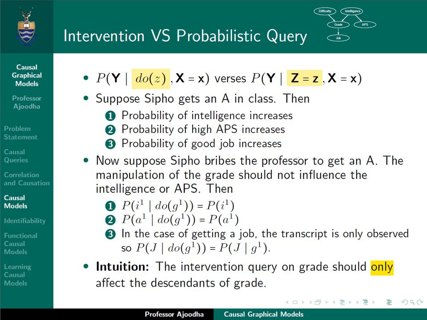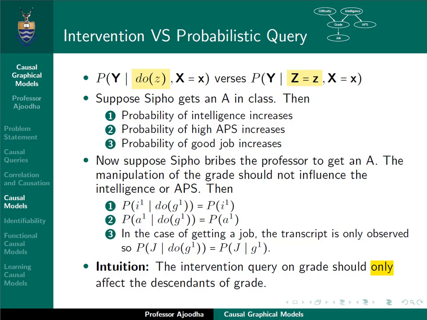So somehow the parents of grade are now no longer influenced by the grade going up, because it shouldn't. In a causal interpretation, if the grade goes up, we're forcing, remember we use the word force, we force the grade to go up.